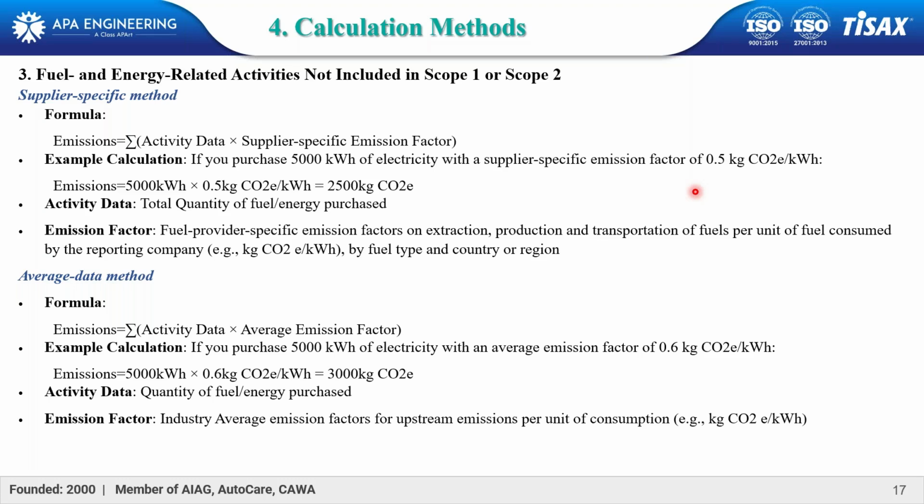Then the average data method is in a similar pattern to the other two categories we saw. The average data offers ease of use when the specific data isn't available. The same formula applies, but we use industrial average emission factors for the electricity per unit of consumption.